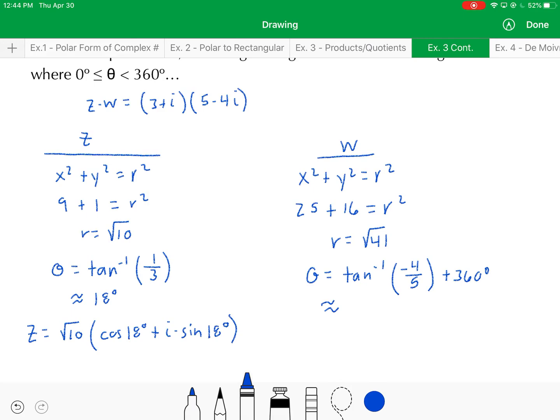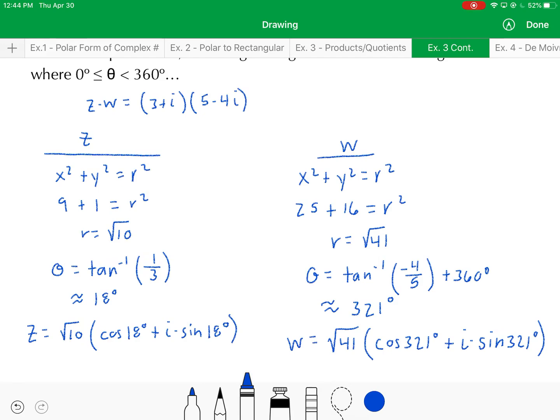Inverse tangent of negative 4/5 is negative 38.7 degrees approximately. So if we add 360 to that, we're looking at 321 degrees approximately. Okay, so now w can be thought of as the square root of 41 multiplied by cosine of 321 degrees plus I times the sine of 321 degrees.